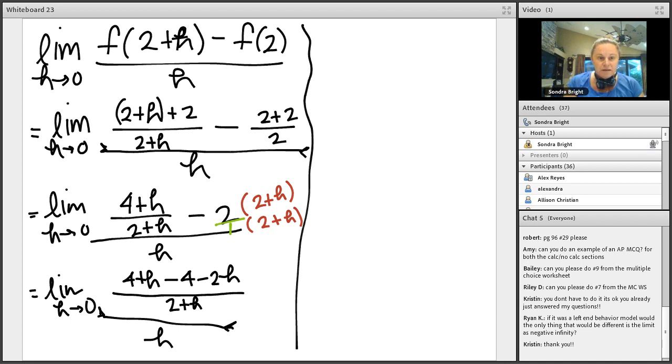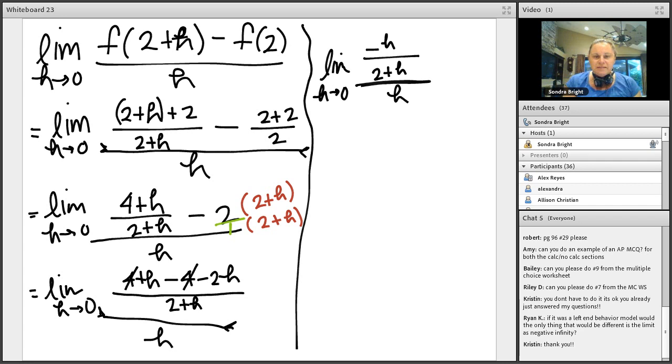Simplifying that, this 4 will cancel with that 4, and then we have h minus 2h, so I've got the limit as h goes to 0 of negative h over 2 plus h, all over h.